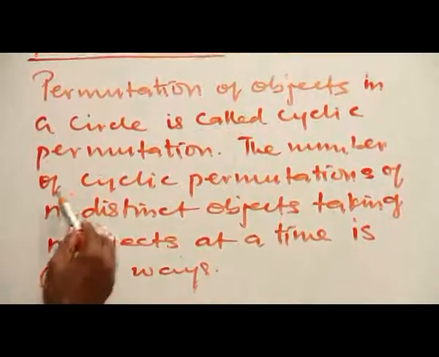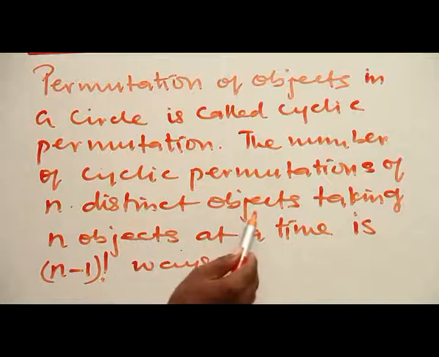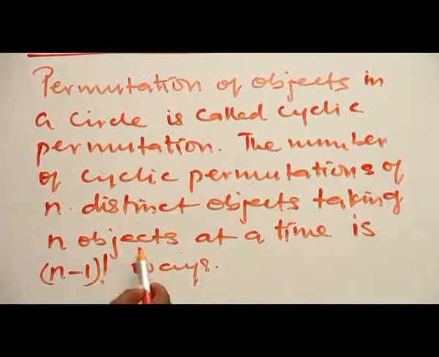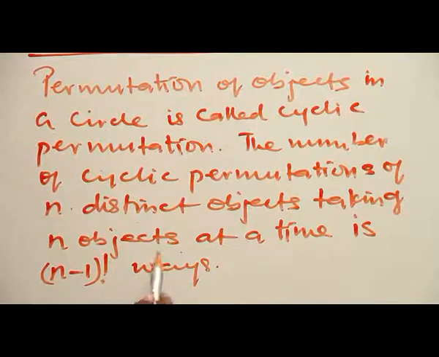The number of cyclic permutations of n distinct objects, taking n objects at a time, is (n minus 1) factorial ways.